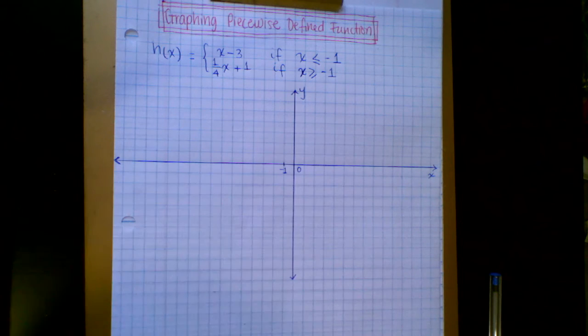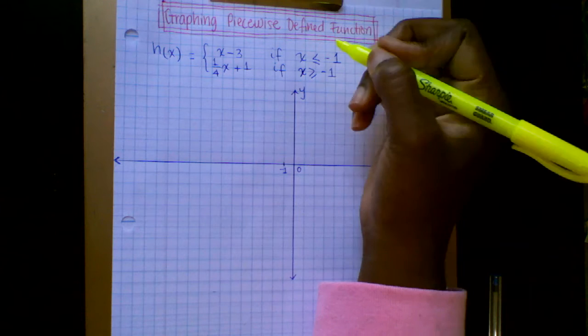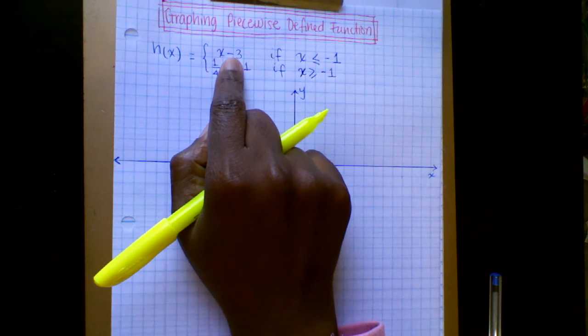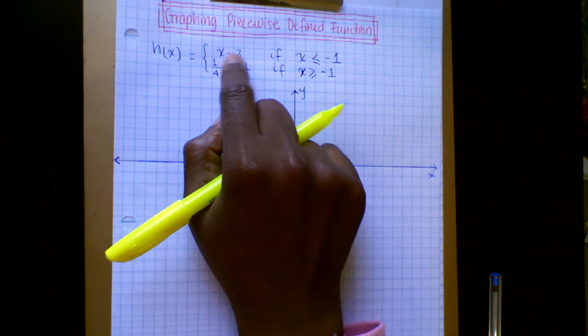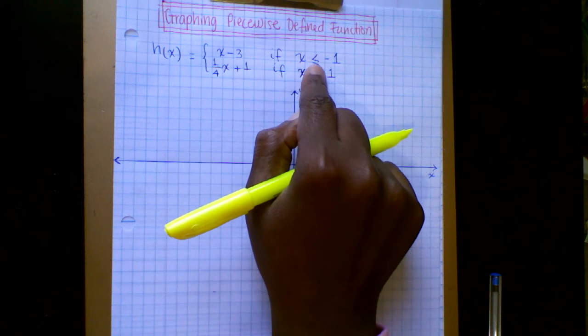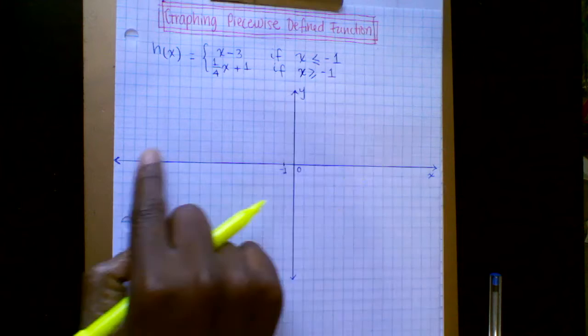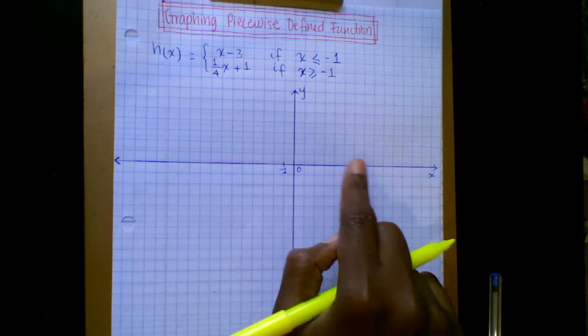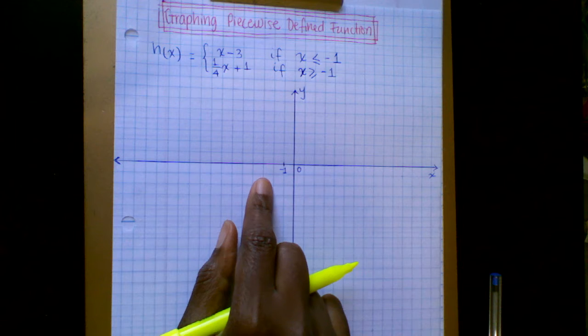So again, let me use a different color for the domain, the restriction domain. The first function is x minus 3. The linear function x minus 3 can only be graphed or seen if the x values are less than or equal to -1. So I'm going to look on the x-axis. What are the x values that are less than or equal to -1?